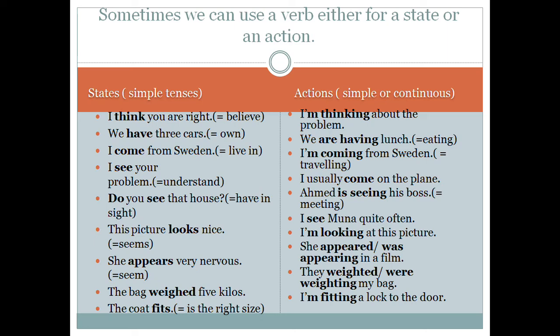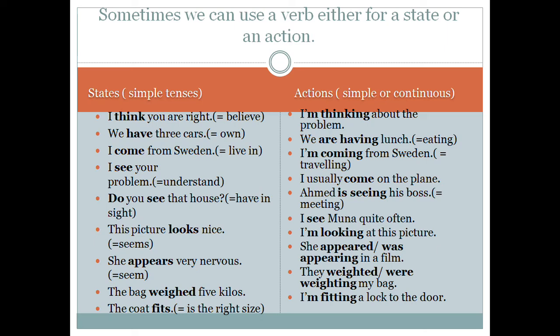This picture looks nice. This picture is nice. So look here, like is, it's a state verb. Like seem, this picture seems nice. This picture looks nice. This picture is nice. So it's a state verb. But what when I say I am looking at the picture?